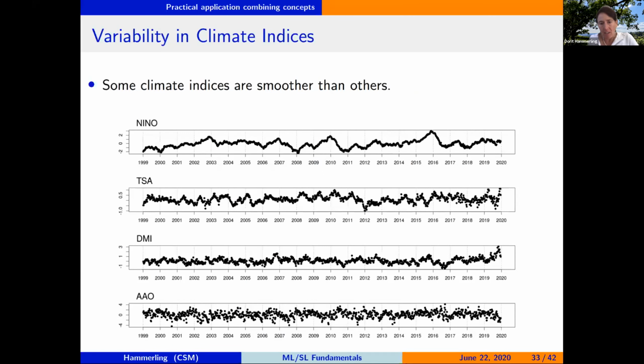Specifically, what we are looking at now is some variability in these climate indices. Before, we talked about smoothing and ideas that we could use in these types of non-parametric models, and that is actually highly important often for many of your inputs. So that's not something you can only do on your output, you can also use it on your input.